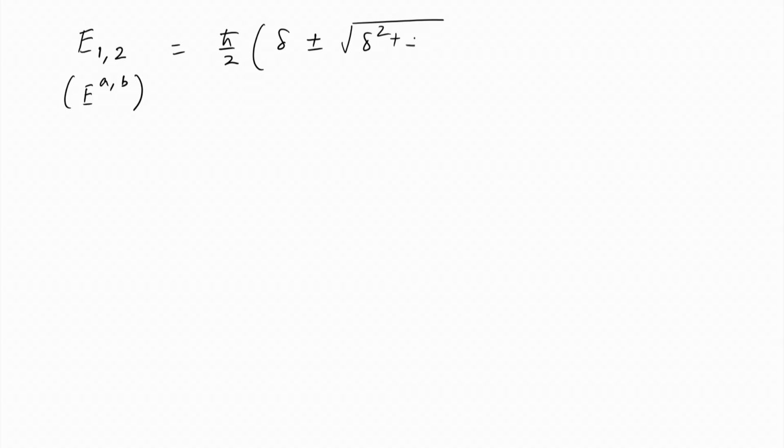So, the eigenvalues, we can write as 1 and 2, or you can simply write them as A and B, are equal to ħ/2 times delta plus or minus the square root of delta squared plus omega squared. These are the energies of this 2-level system.